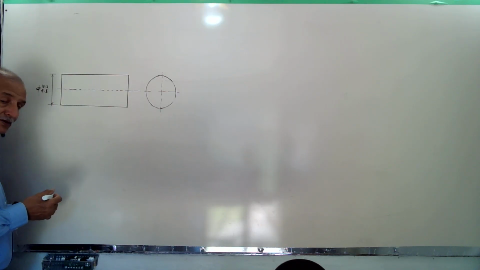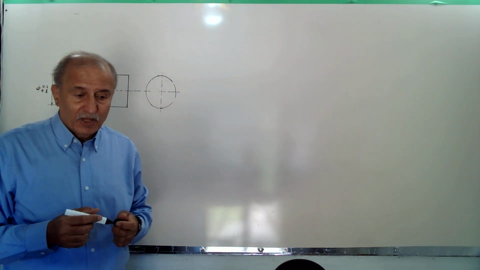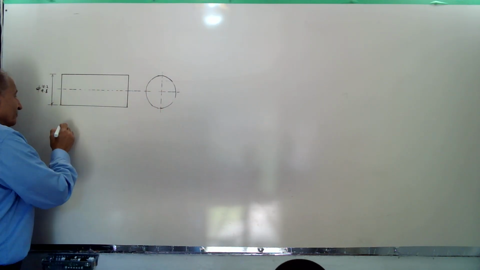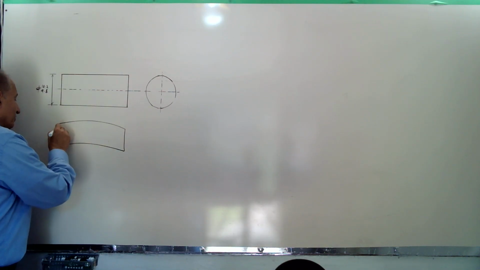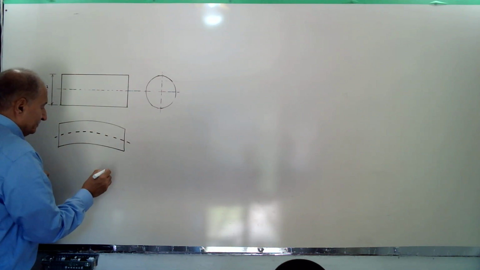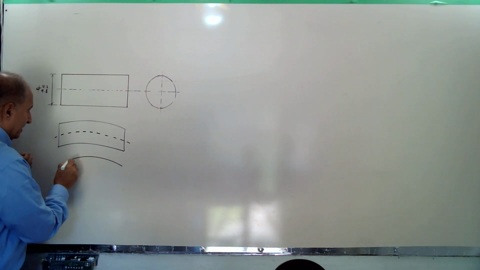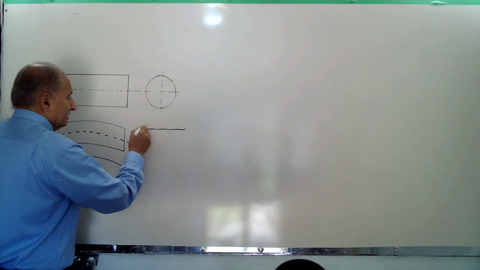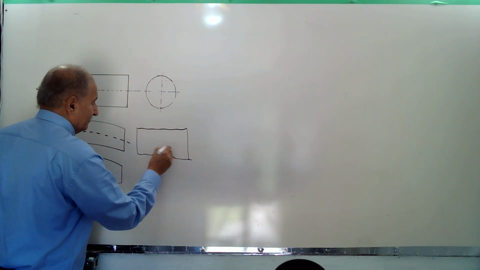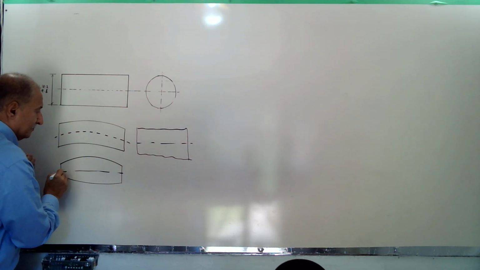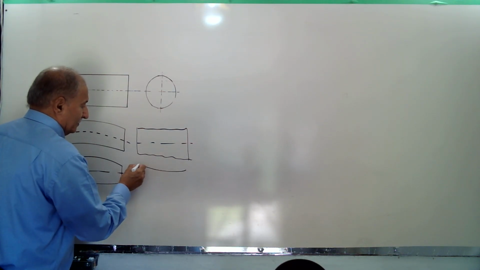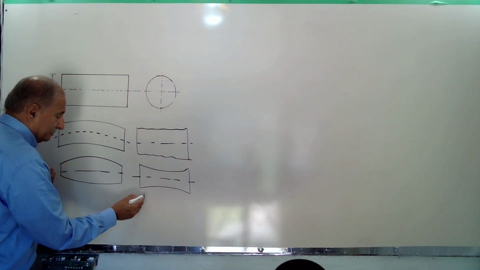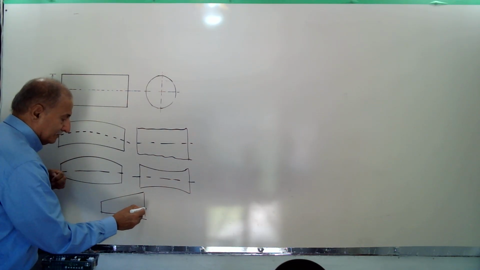with some geometric defects similar to this form. I draw it a little, like this, and like this, and like this, or like this.